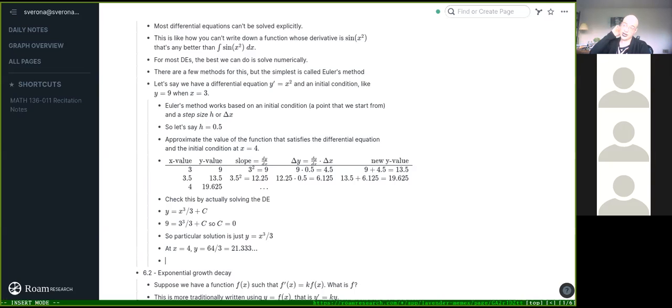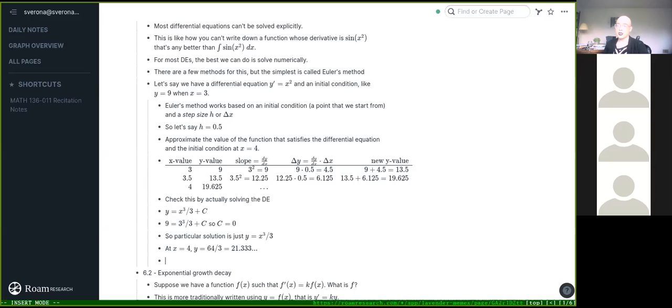So we underestimate that. The reason has to do with the fact that the graph is concave up. We approximated something that's concave up, so it has a positive second derivative, by something that is flat, so it has a 0 second derivative. So we underestimated because we couldn't account for the rate at which it was increasing.